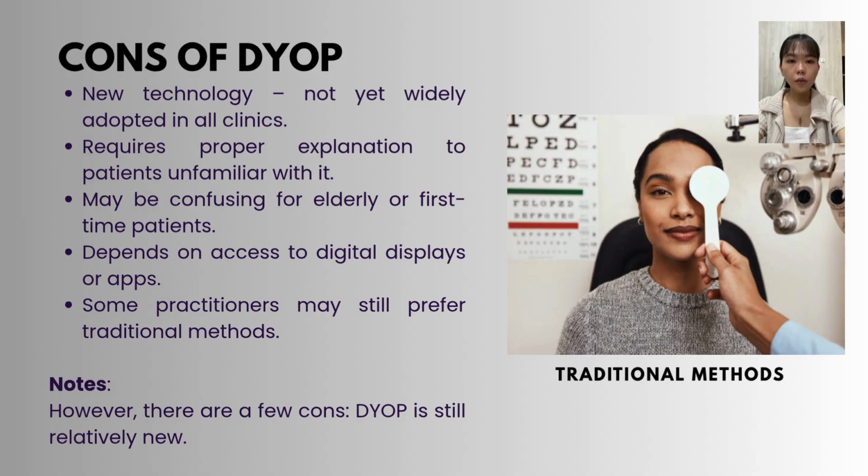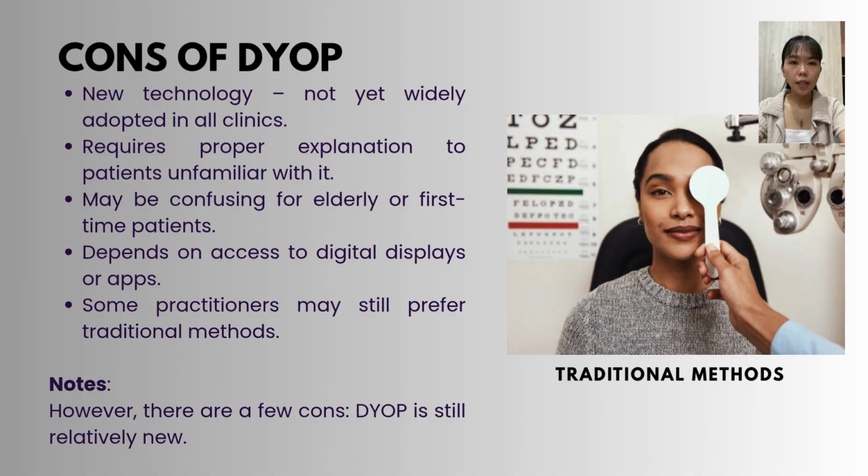However, Dyop is not perfect. It is a new technology, so it is not widely used or adopted by clinics or optometrist practice. Patients need a proper explanation before the test, especially elderly patients. It may also be confusing for elderly patients or first-time patients.